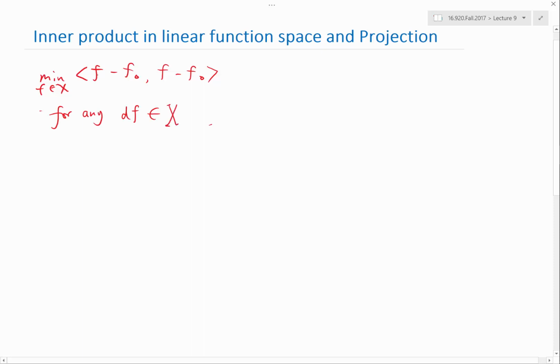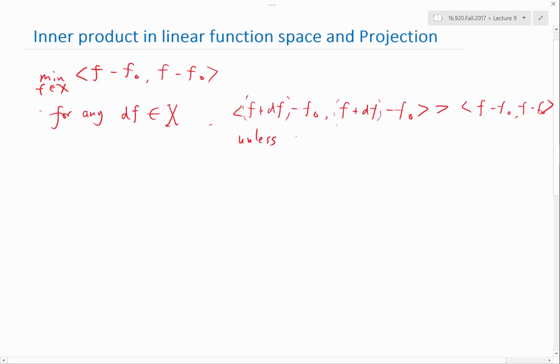the minimization statement is equivalent to saying that for any df, the inner product of f plus df minus f0, f plus df minus f0, replacing f with f plus df, has to be greater than or equal to f minus f0, f minus f0.